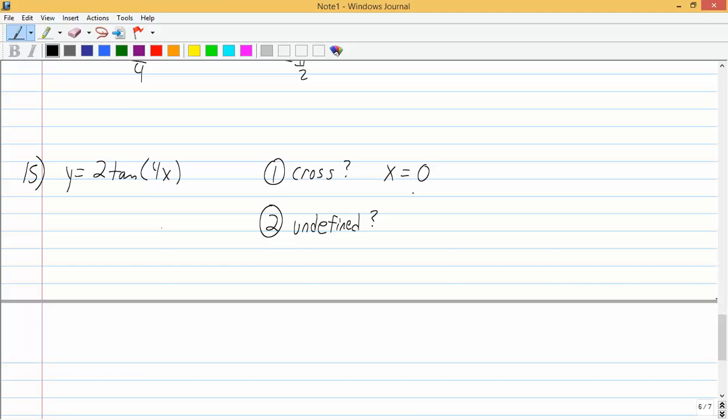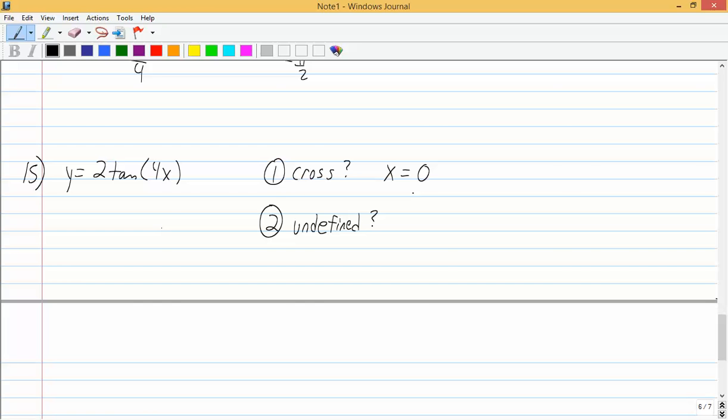Now, where is this undefined? There's two ways to do this. Either you write down all the places where it crosses and find the midpoint of all of those. Any two consecutive places where this graph crosses, if you find the midpoint of the two x values, that is where you will have a vertical asymptote.